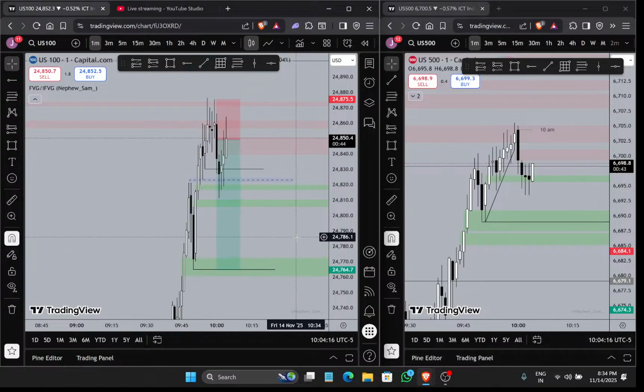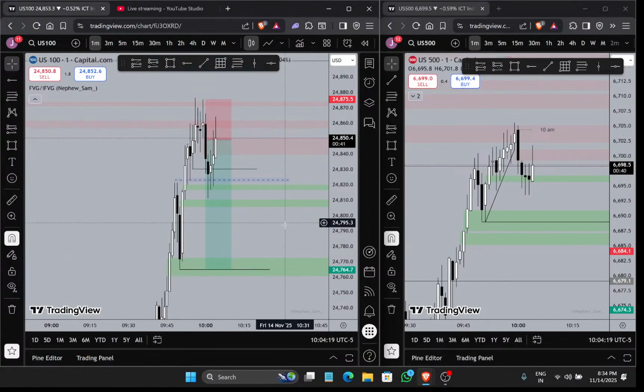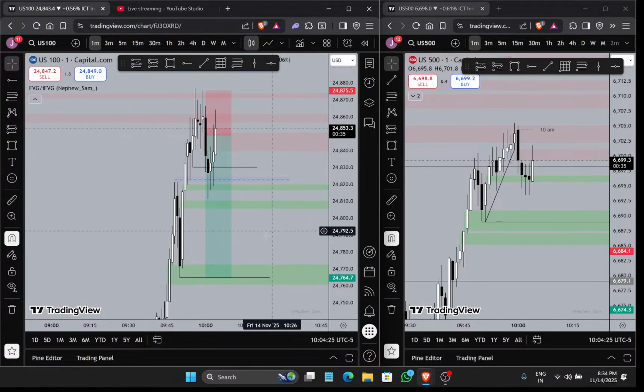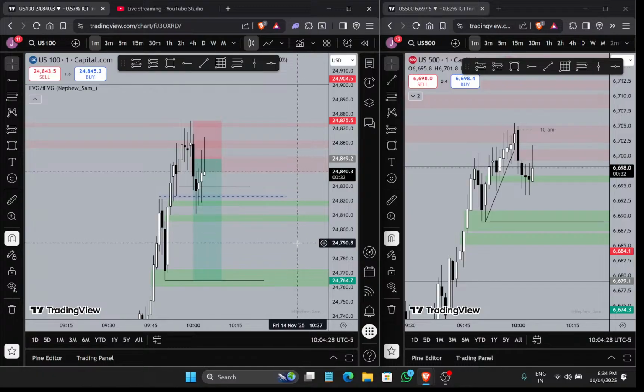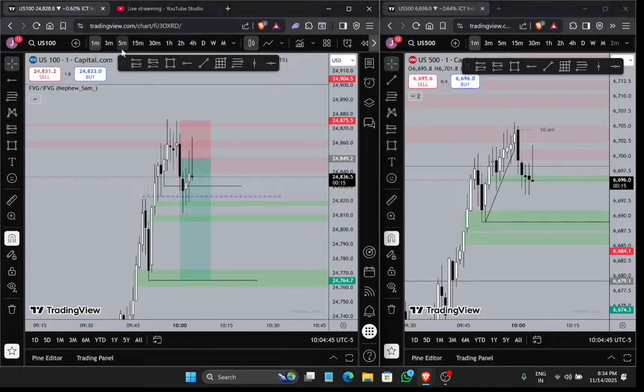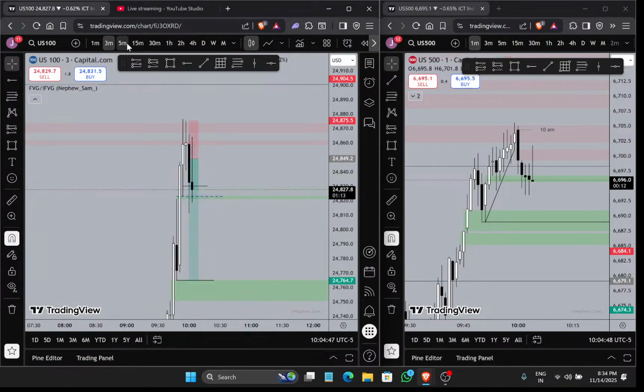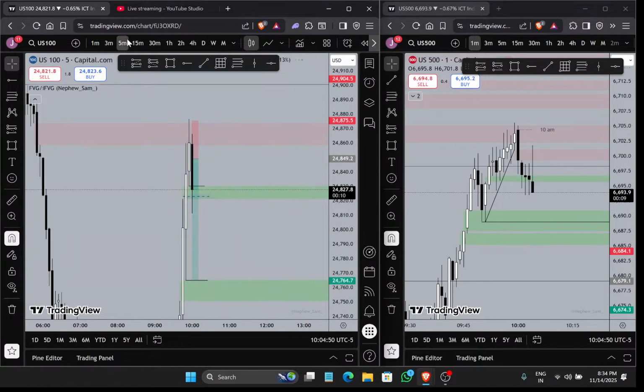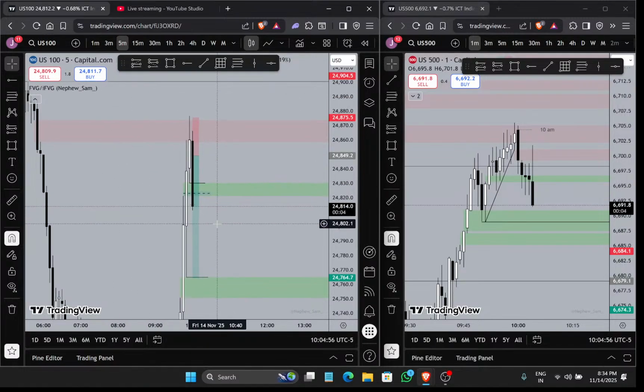Let's see. Regularly exiting off the levels. Yeah, clearly rejecting off that levels. Okay, if we can form this 5 minute inversion, I'm taking this trade to the downside.